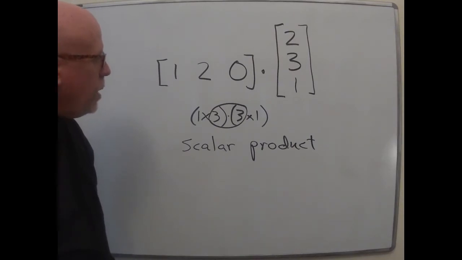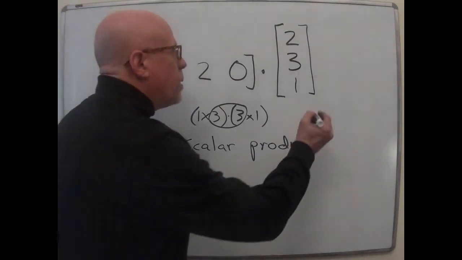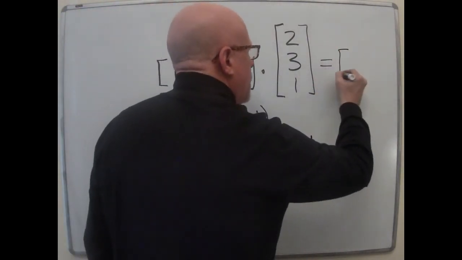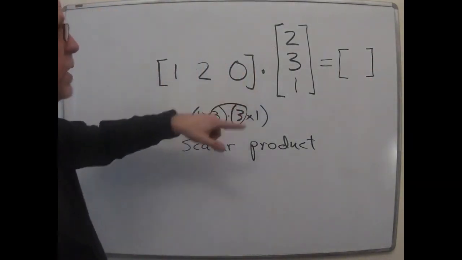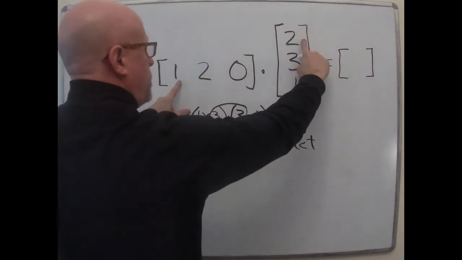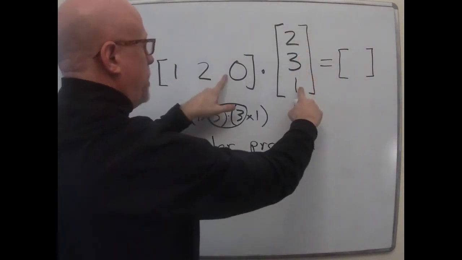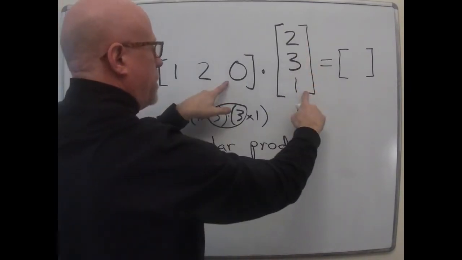All right, so when I do this scalar product here, I'm going to get a single number. I'm going to get a 1 by 1 table. Let's do it. There's one row to trace and there's one column to trace, so I just get this really nice 1 times 2 plus 2 times 3 plus 0 times 1. Oh, I didn't keep track. 2 plus 6 and 0.